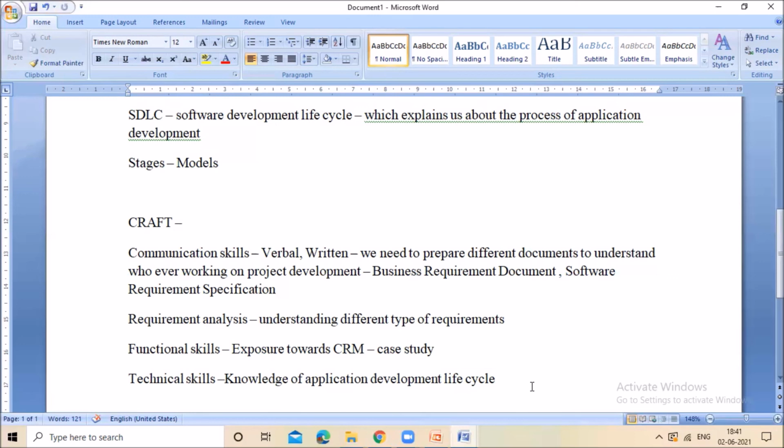That exposure is also required. For example, let's say we were developing a banking CRM application, and you are integrating this banking CRM application in Salesforce. What do you require first?